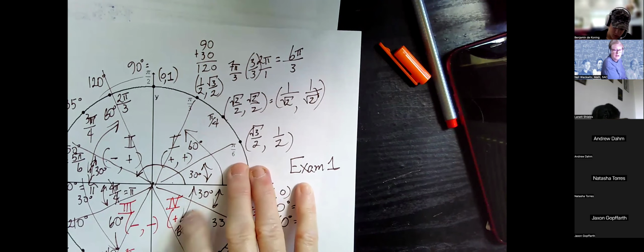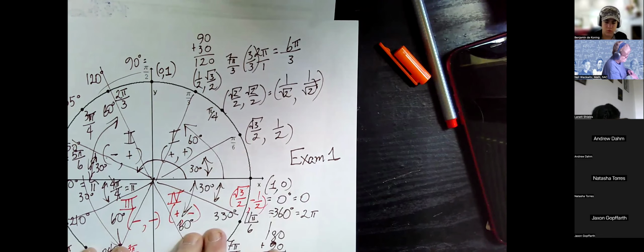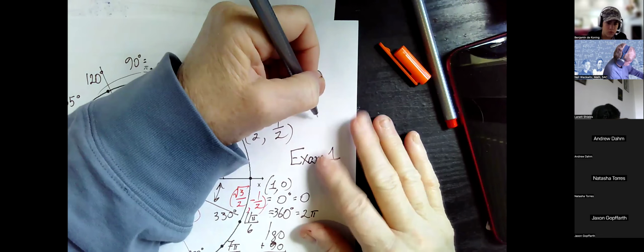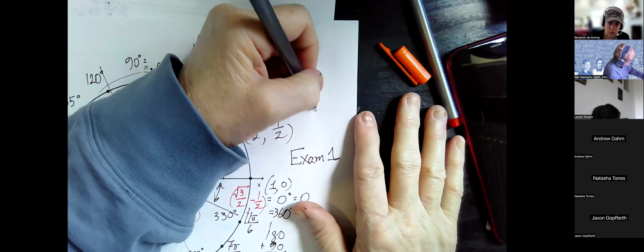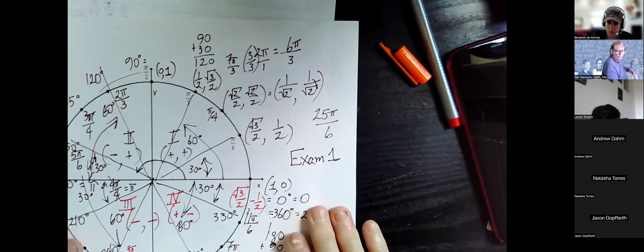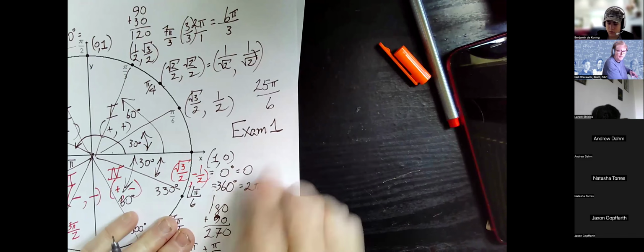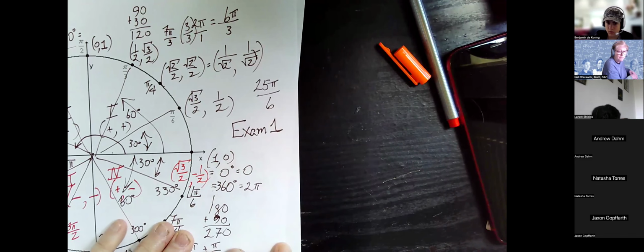What fraction would we add or subtract if the denominator of the original function was 6? So what if we had 25 pi over 6? What would we add or subtract to figure out where on the unit circle that angle is?